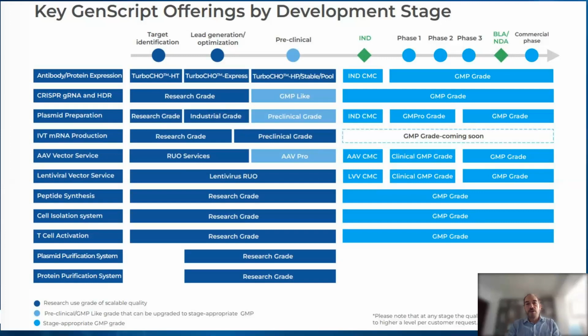CRISPR, HgRNA, and HDR templates, also from research grade to preclinical and clinical. Plasmid preparation from research grade to preclinical and clinical. For IVT mRNA, we're still developing our GMP manufacturing capabilities, but we can support research grade and preclinical grade.